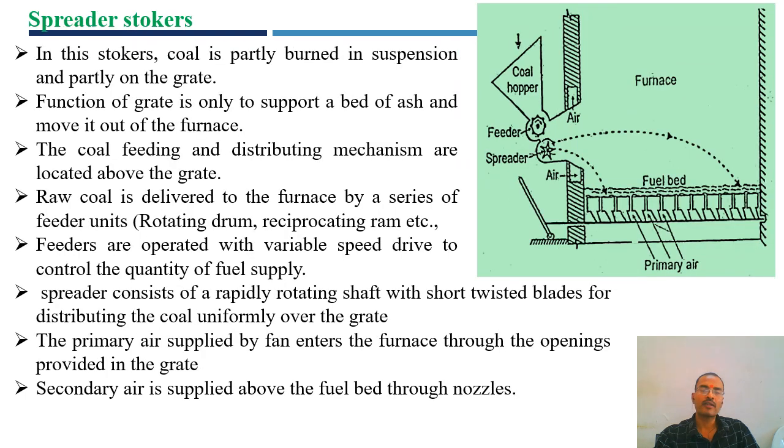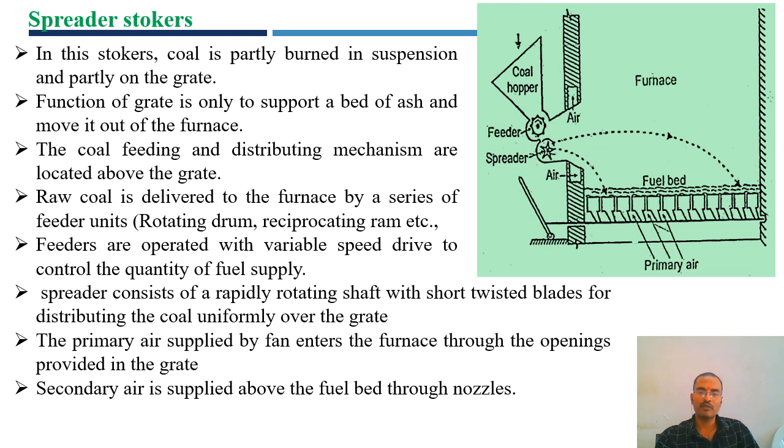Spreader stokers. In this stoker, coal is partially burned in suspension and partially on the grate. The function of the grate is only to support a bed of ash and move it out of the furnace. The coal feeding and distributing mechanisms are located above the grate. Raw coal is delivered to the furnace by a series of feeder units.